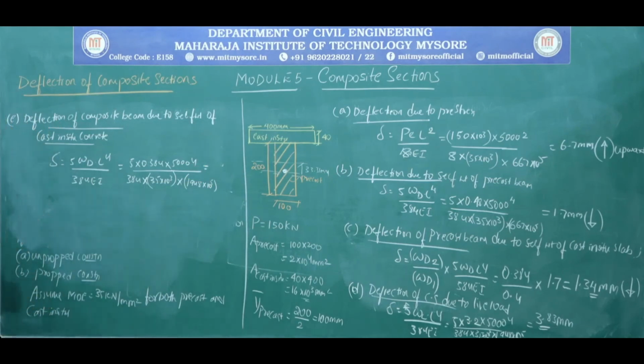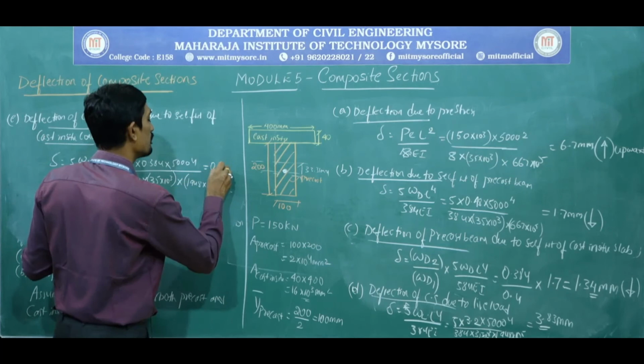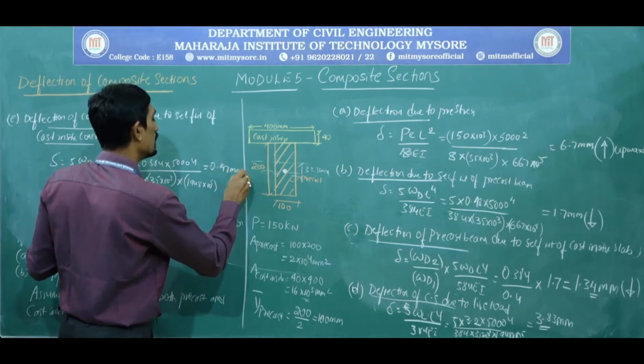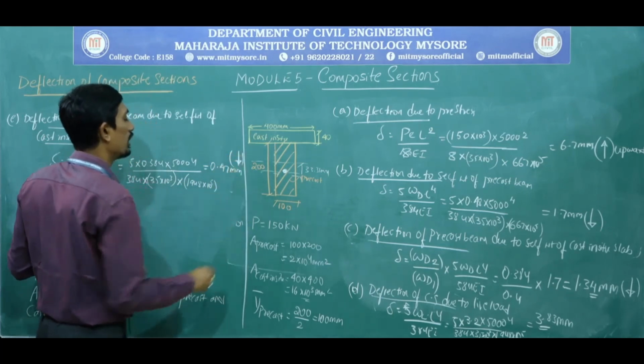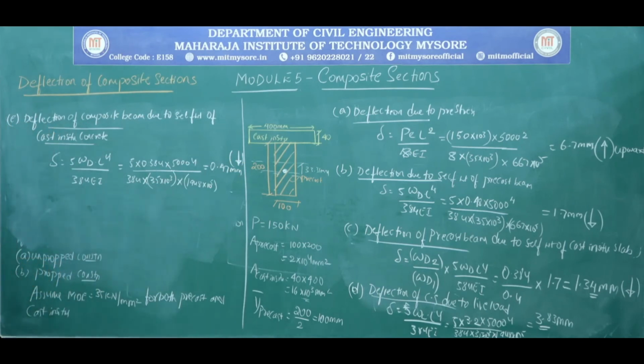Let me substitute everything in the calculator. You will get 0.47 mm downwards, or I can say positive.